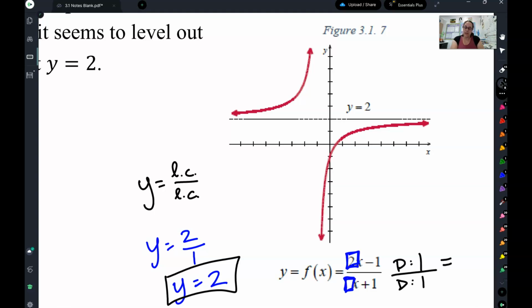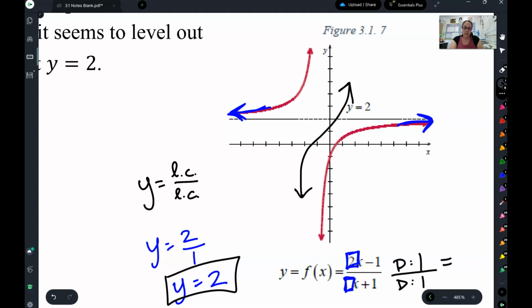And you'll notice that in the graph of this problem, the ends of the graph are approaching the y value of 2. Now, like I said, I don't like to draw this as an asymptote. I don't like to draw it as a solid line because we're going to get to some pretty complicated graphs, and we're going to see that you can cross this line. That does happen.